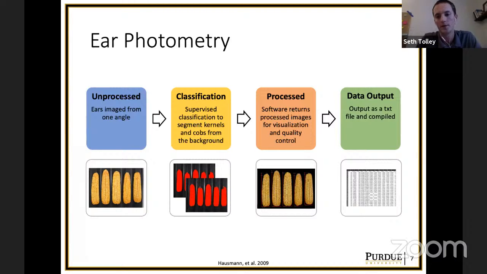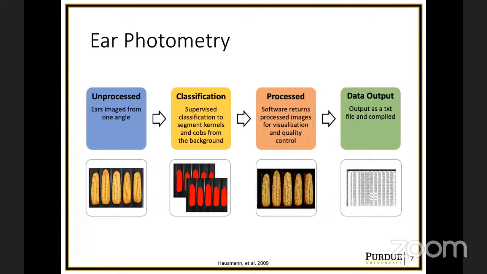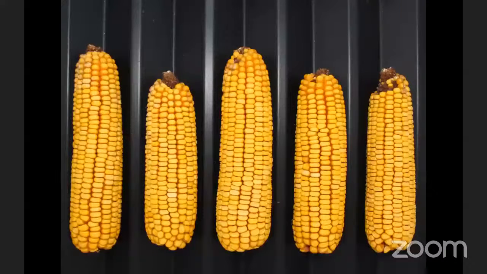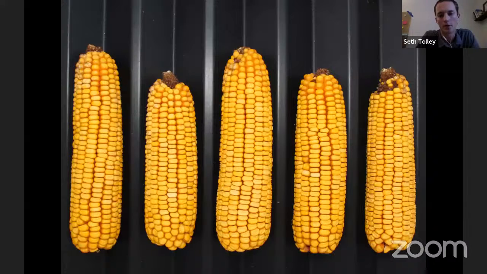These are processed using proprietary software from Corteva, and then the data is output as a text file and compiled together.